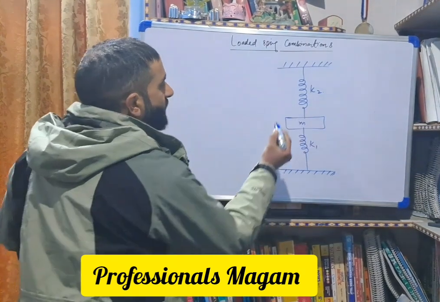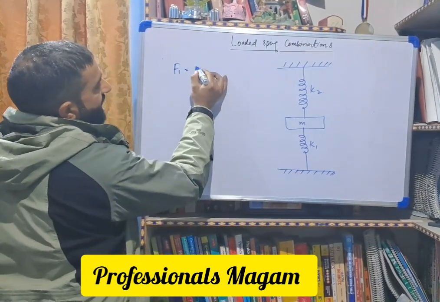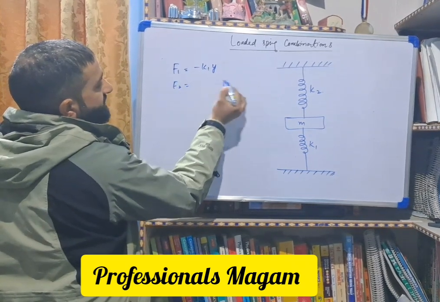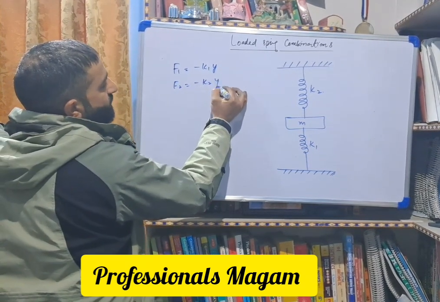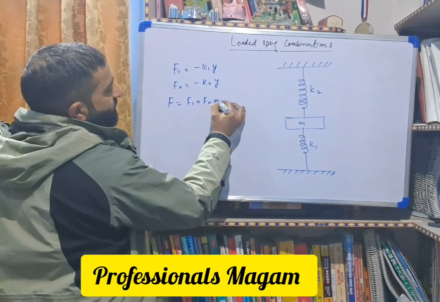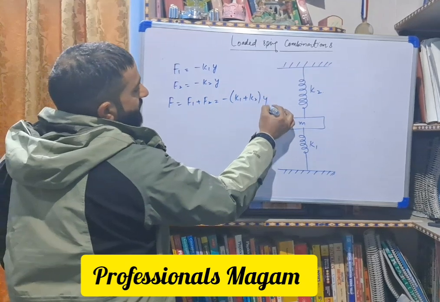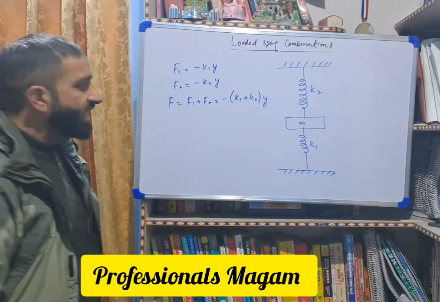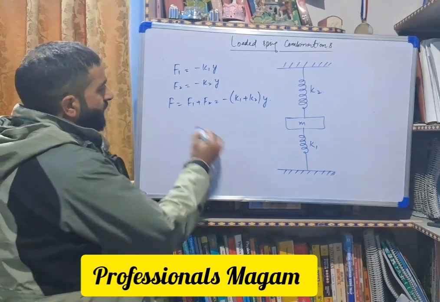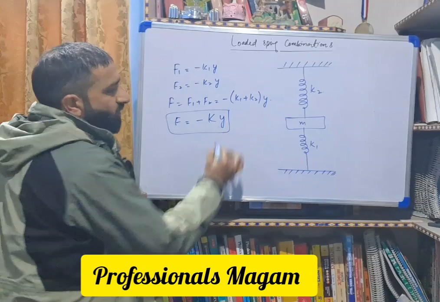Let the restoring force F1 produced in this spring be equal to minus K1Y, and in spring number 2 will be equal to minus K2Y. The effective restoring force will be equal to F1 plus F2, that is minus (K1 plus K2) into Y. Let this K1 plus K2 be substituted by capital K.